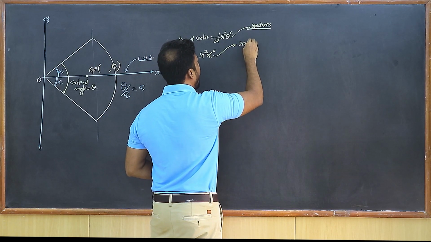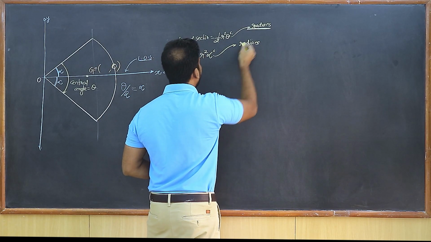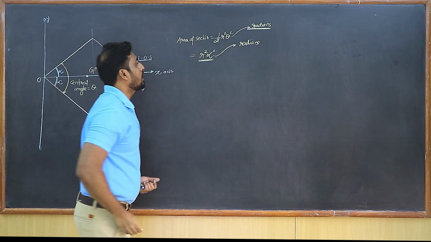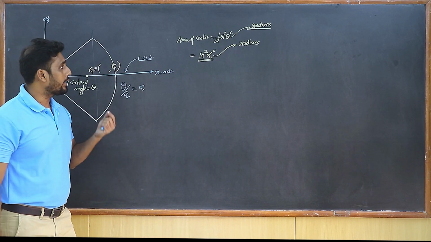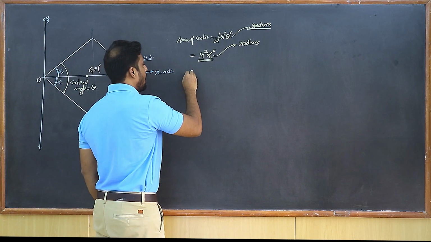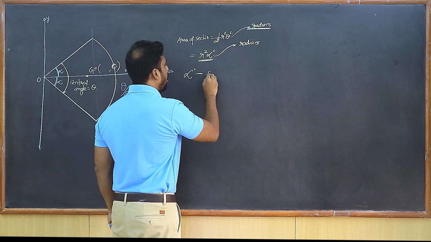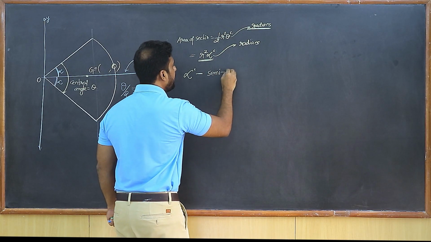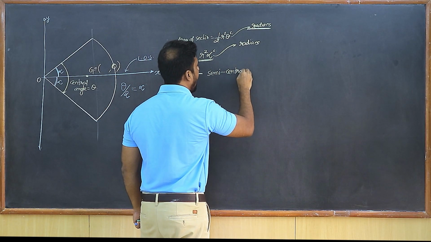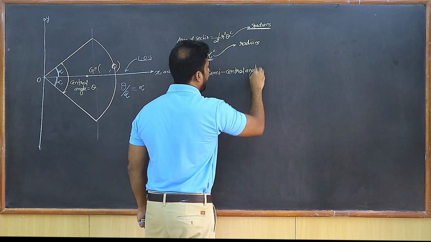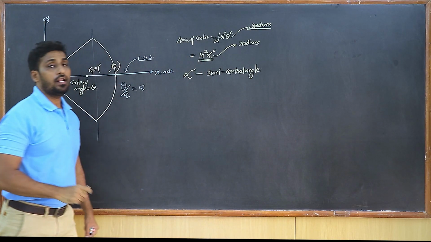Remember, alpha has to be in radians. You got to remember the formula as r square into alpha radians. So that's the area of sector. Alpha is nothing but what? Alpha is the semi-central angle.